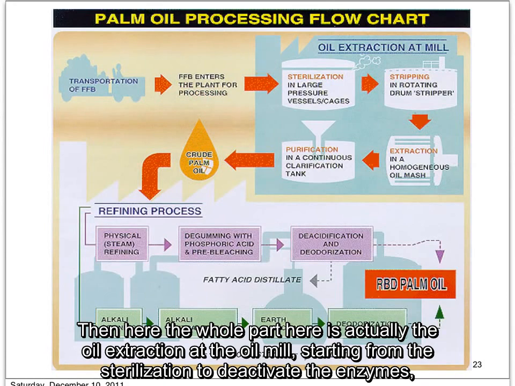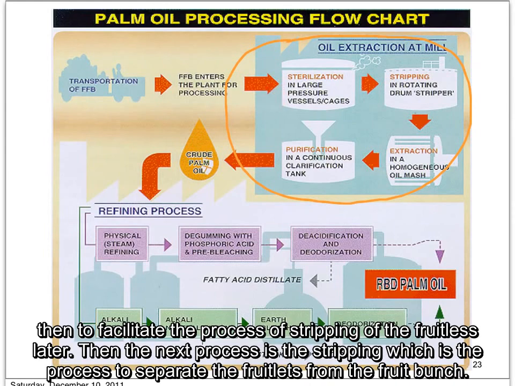Then here, the whole part here is actually the oil extraction at the oil mill, starting from the sterilization to deactivate the enzyme and to facilitate the process of the stripping of fruitlets later. Then the next process is stripping, which is the process to separate the fruitlets from the fruit bunch.